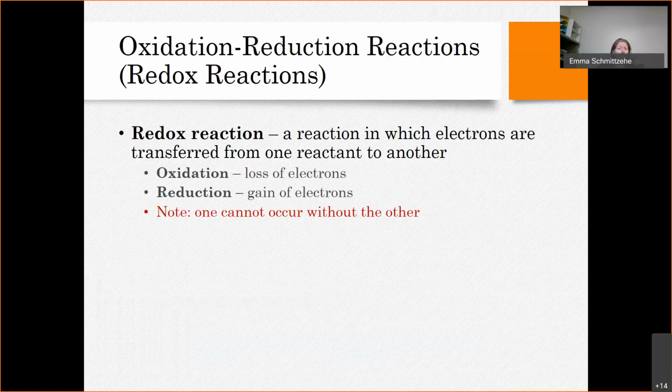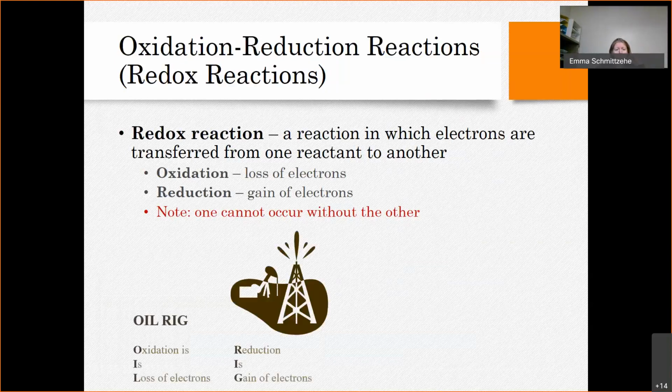Now, it's important that you know those terms and you can identify oxidation and reduction, and you can keep those things straight. So sometimes it helps people to use some mnemonics. And so you can use the mnemonic OIL RIG. And so that tells you oxidation is a loss of electrons and reduction is a gain of electrons. So that's one way to look at it.